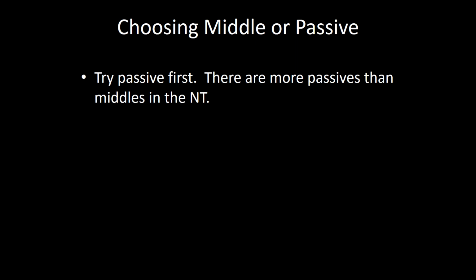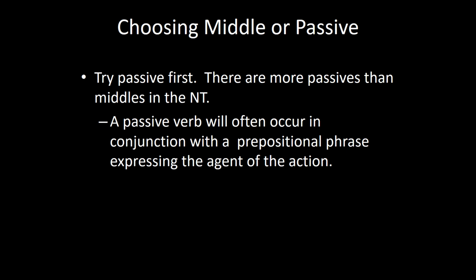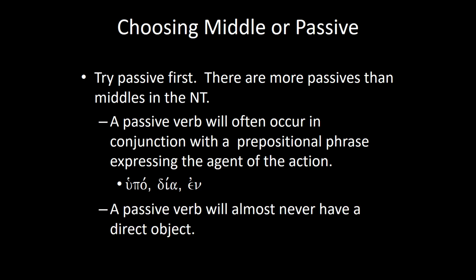First, we're going to try passive first, simply because there are more passives than middles in the New Testament. Remember also that a passive verb will often have an agency phrase telling us who did it. This is the hupo, dia, or en phrase. It tells us who is the agent performing the action of the verb.